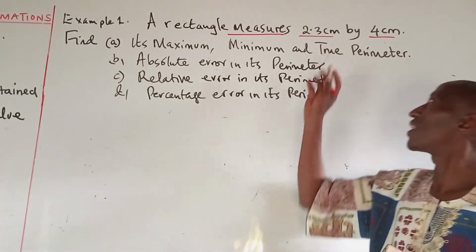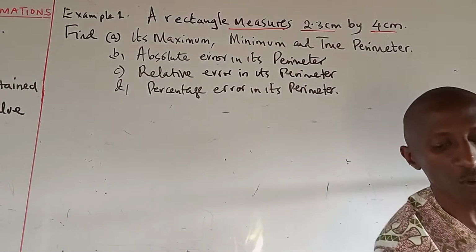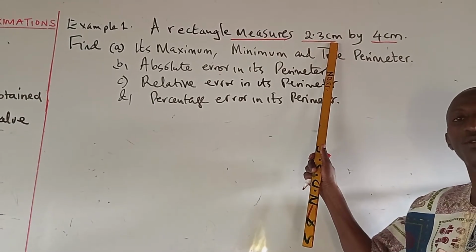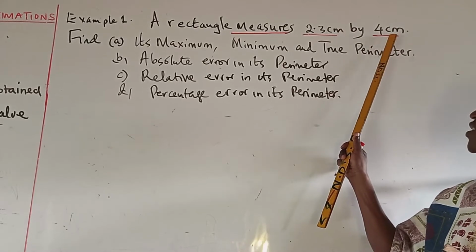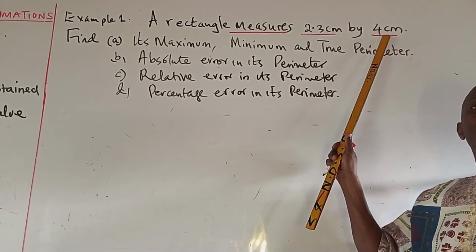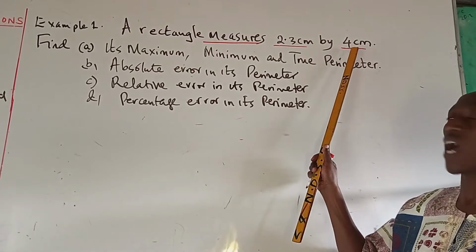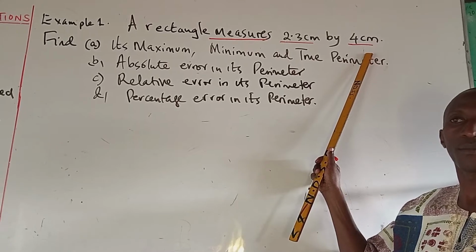That means the next measurement after 2.3 is a 2.4. After 2.3, the measuring unit reads 2.4. But this instrument used to measure this one suggests that the next reading is a 5. It has a whole 1 unit as its accuracy.